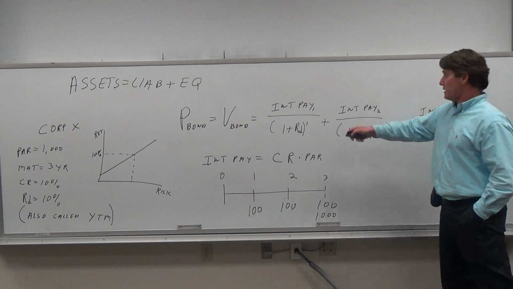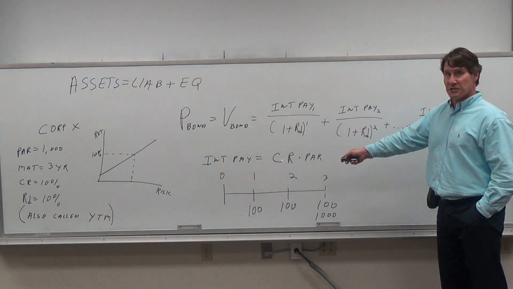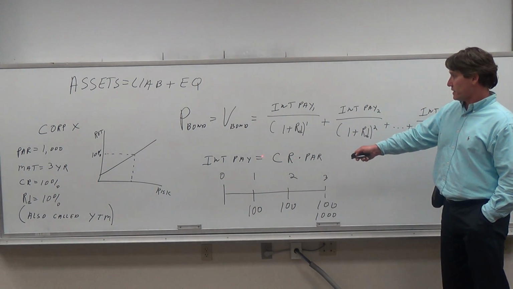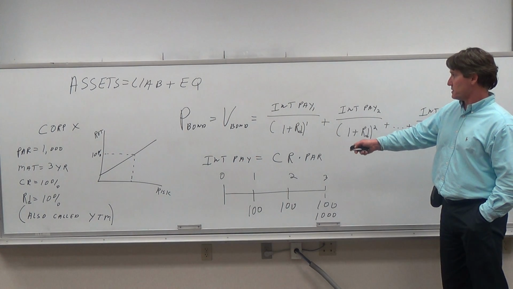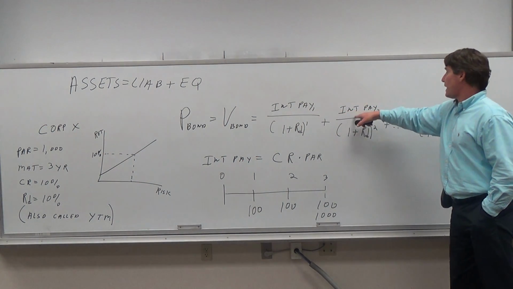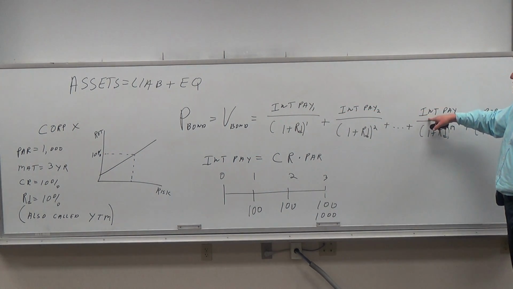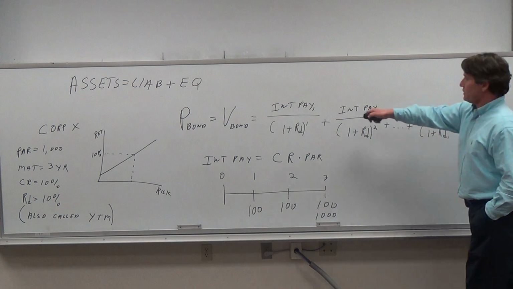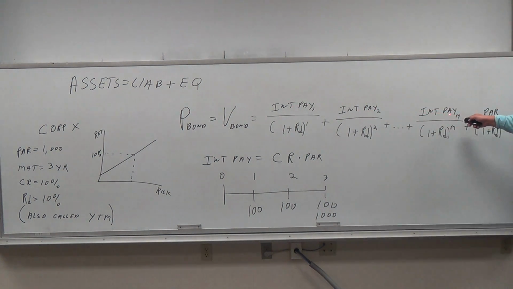The coupon rate is fixed. The par is fixed, therefore the interest payment is fixed. So the top part, the numerator, is an annuity. This part, the interest payments, is all discounted back as an annuity, and here is a lump sum.